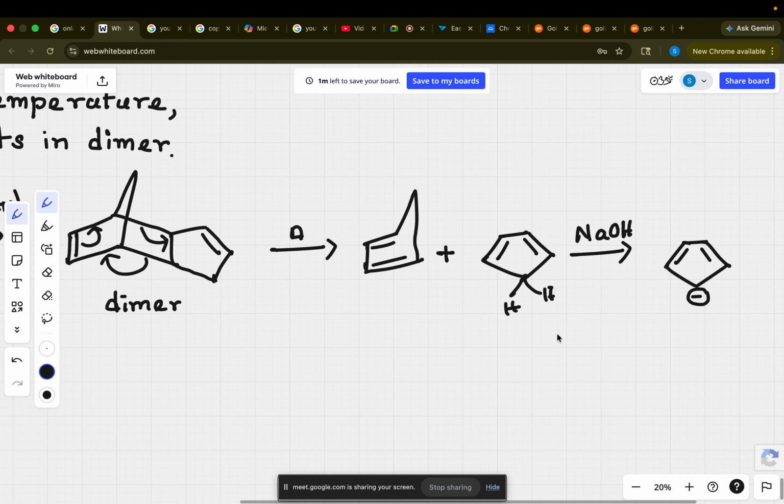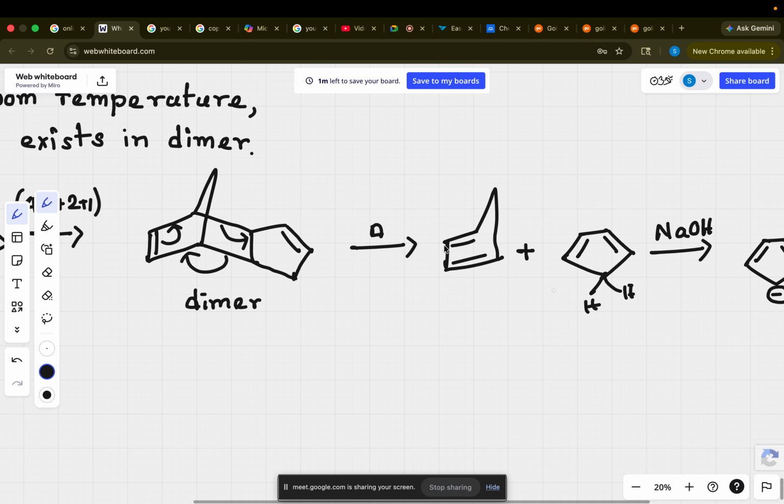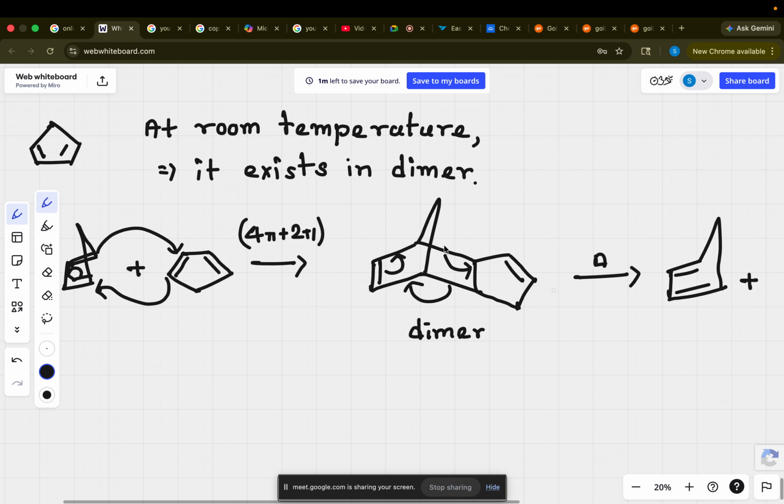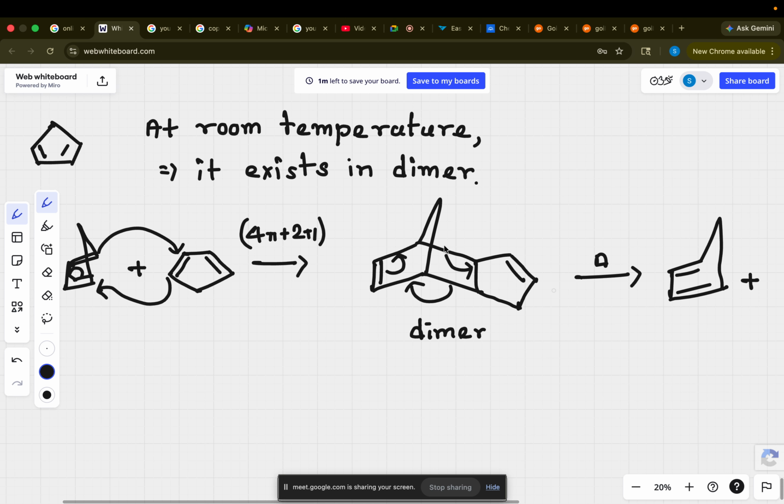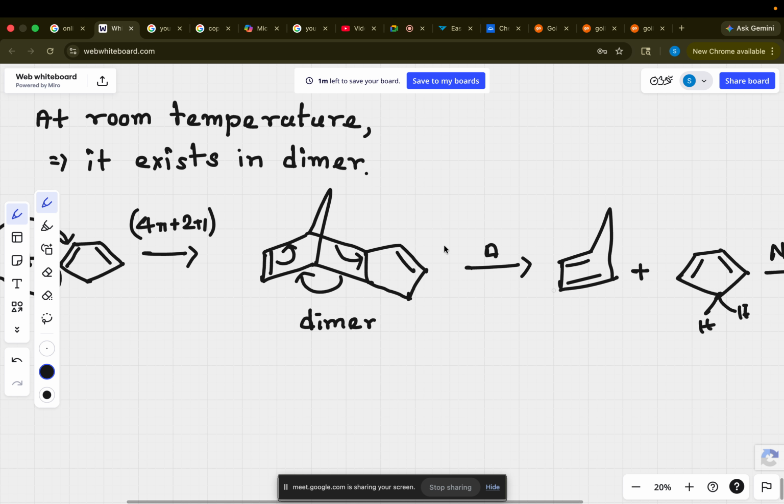Clear? So in presence of temperature, if you increase the temperature, at room temperature it will exist like this dimer. Room temperature means normally 25 degrees centigrade, but suppose I am increasing the temperature to 40 or 50 degrees, at that time it will exist as your monomer.